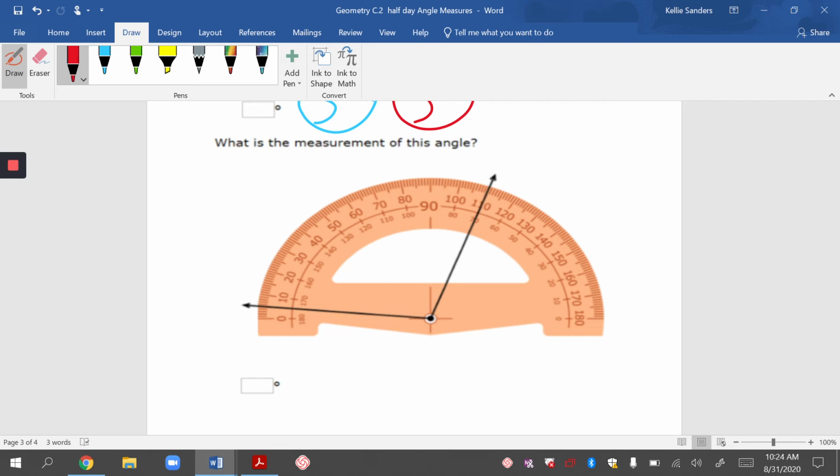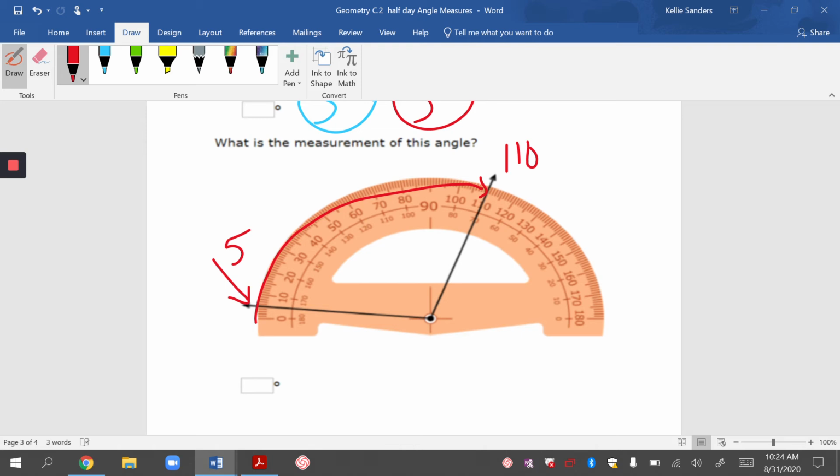Okay, be careful on these because you make sure it's starting at 0 and not something else. Well, in this case, it's starting at something else. This one is starting at 5 because I'm using the outside numbers and stops at 110.